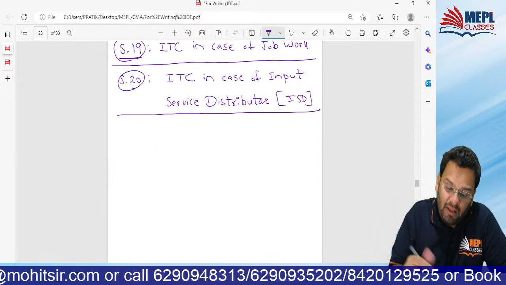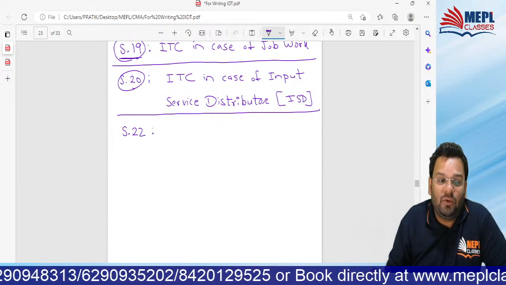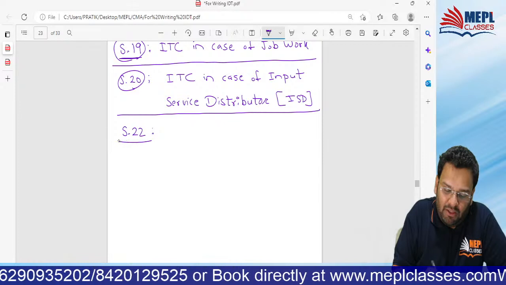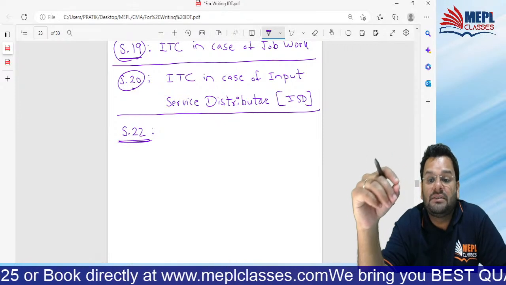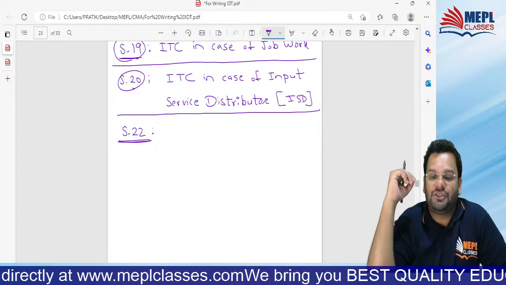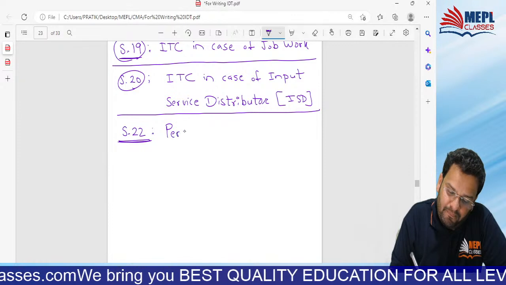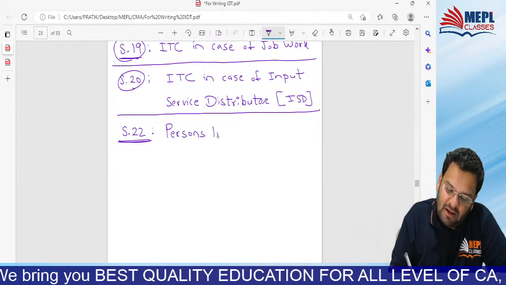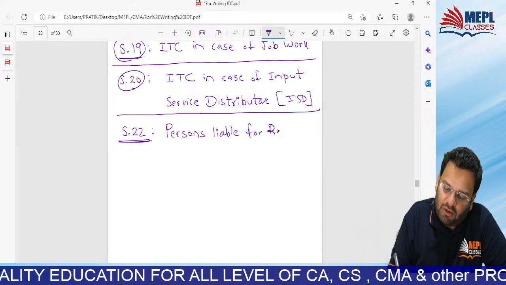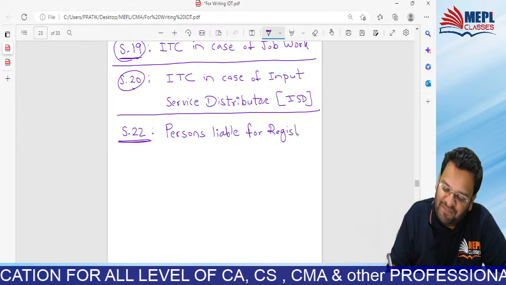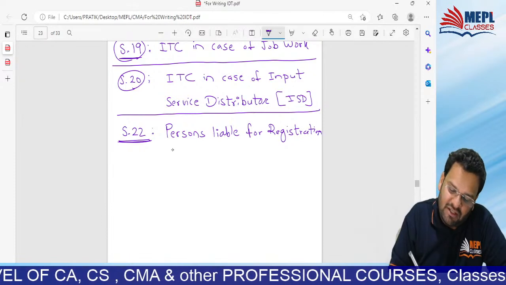Then section 22, not doing 21, only the important ones we are doing. From 22 start the sections for registration. 22 is persons liable for registration in GST.